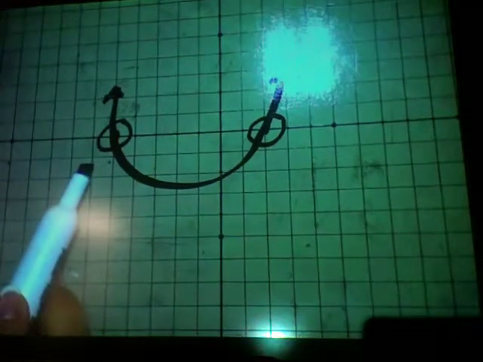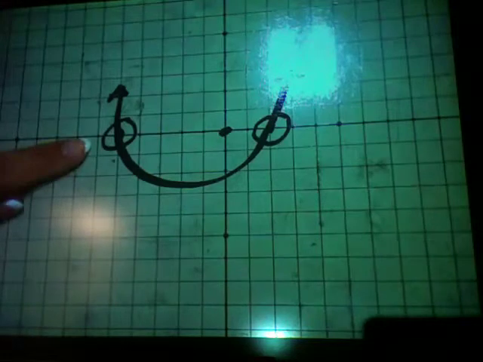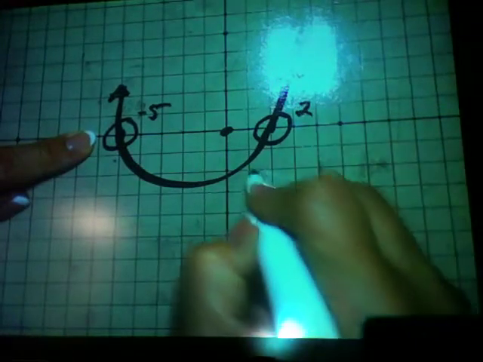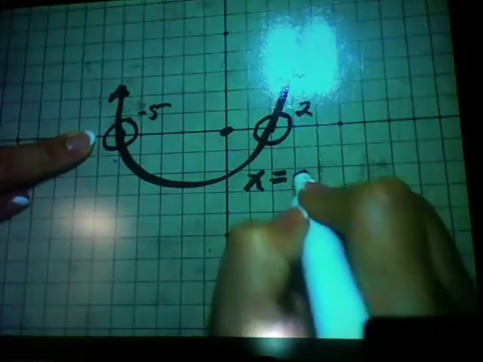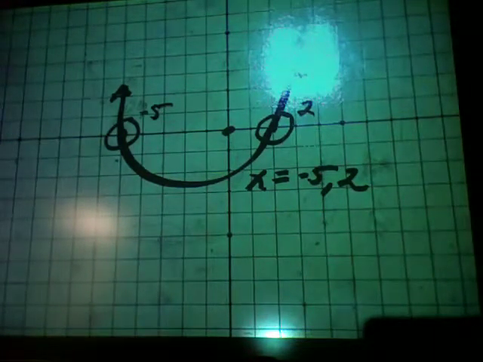They are solutions, but what's the value? This is 0 right here. So what's this point on the x-axis? -5. So this is -5, and what's this point? 2. So the solutions for x are -5 and +2. That's what we're trying to find with anything raised to the second power. So this might be something that looks like this.